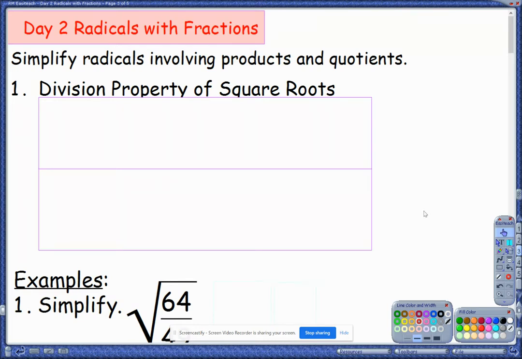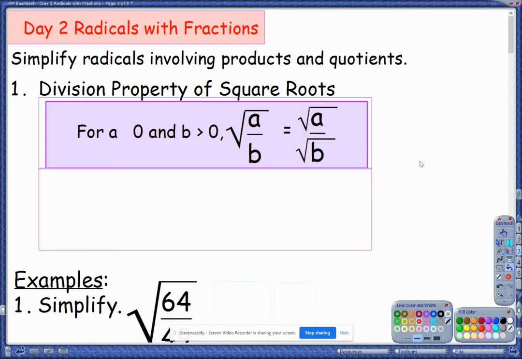Now, the division property of square roots says that if we have two numbers, a that is greater than 0 and b that is greater than 0, and you have a fraction inside a radical, then you can distribute the radical, giving the radical to the numerator and to the denominator.